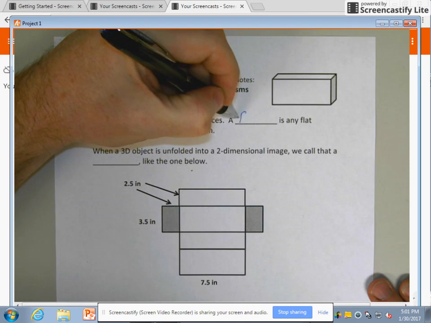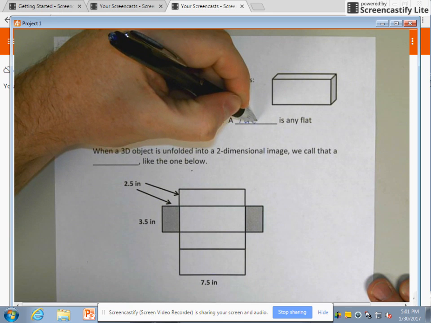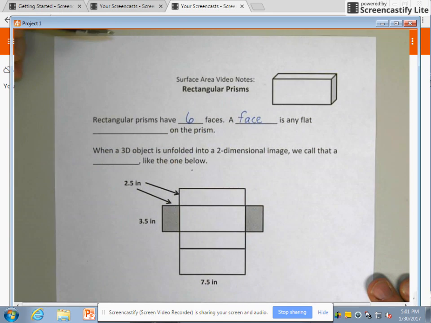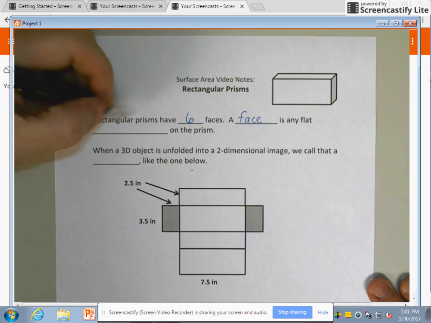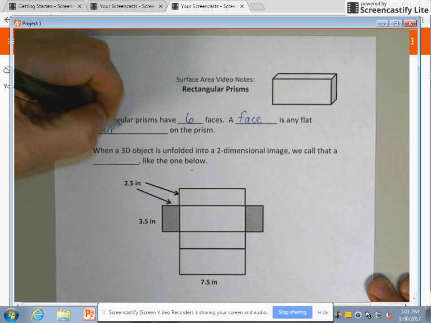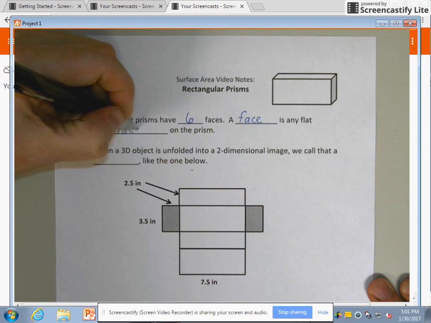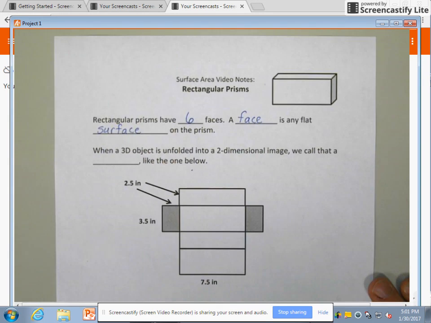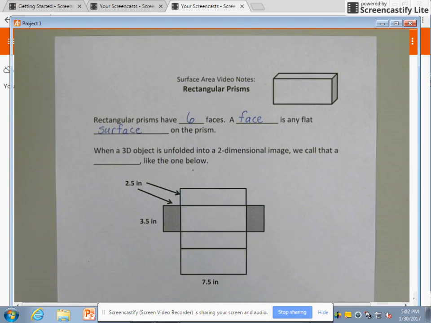And a face is any flat surface on the prism. So our shape, the rectangular prism, has 6 faces.